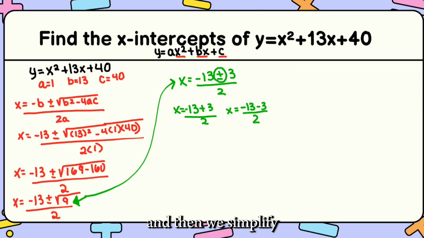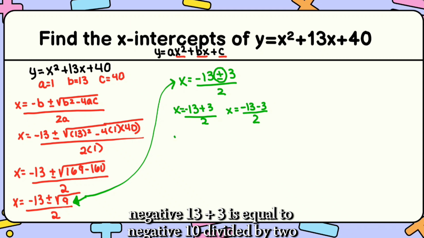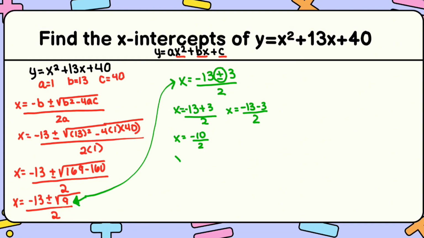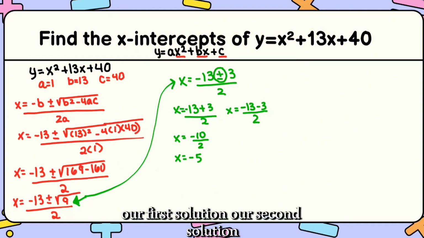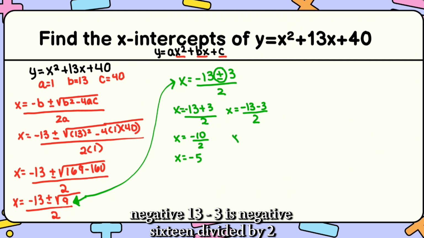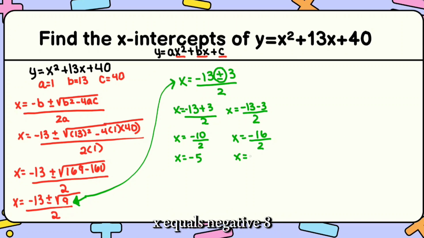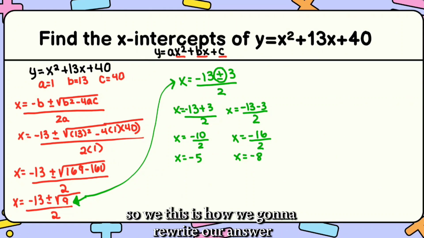Then we simplify. Negative 13 plus 3 is negative 10, divided by 2. x equals negative 5, our first solution. For our second solution, negative 13 minus 3 is negative 16, divided by 2. x equals negative 8.